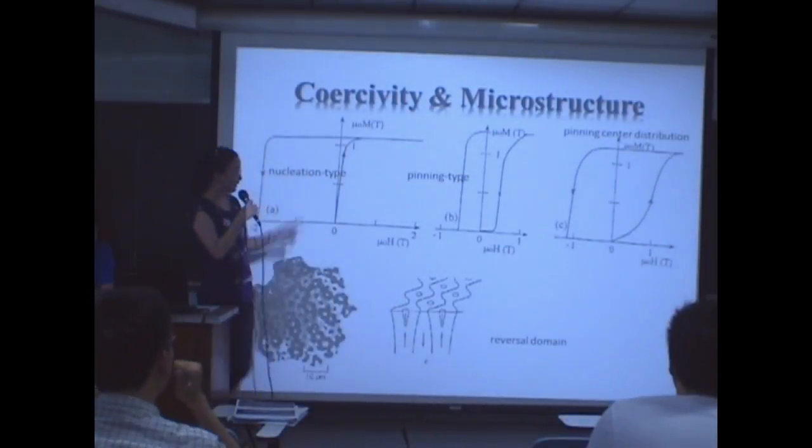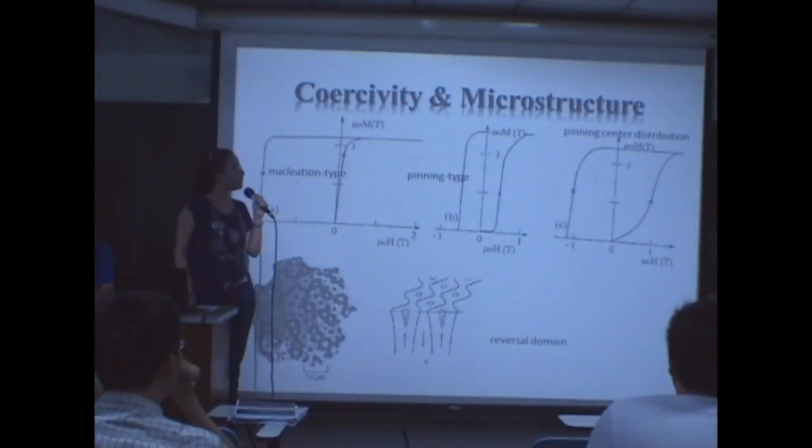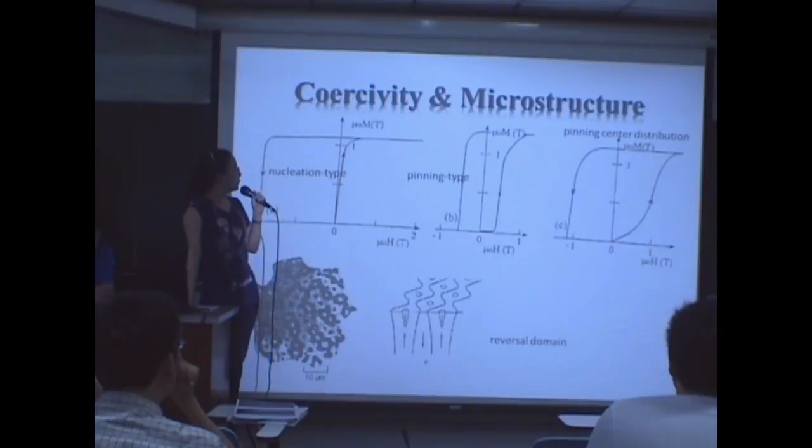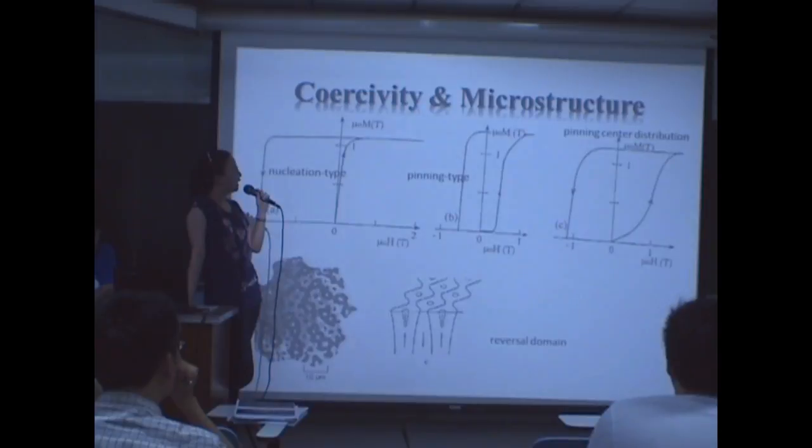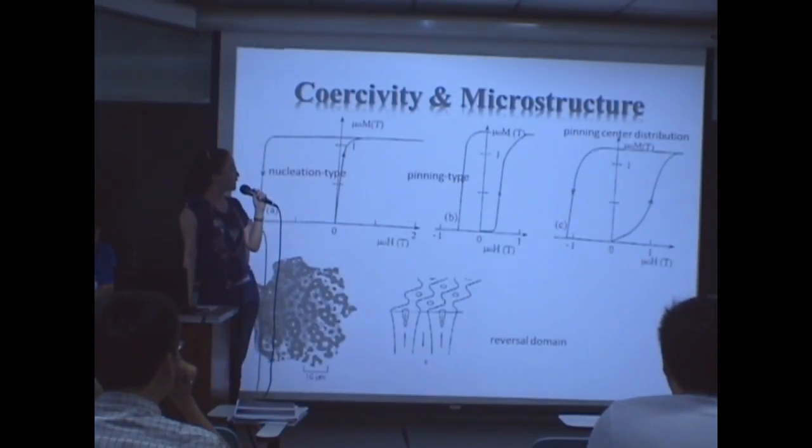And the second is the pinning type dominant, and we can see the inclusion is precipitated in the matrix, and it can hinder the domain wall from moving. So it can achieve a higher coercivity.